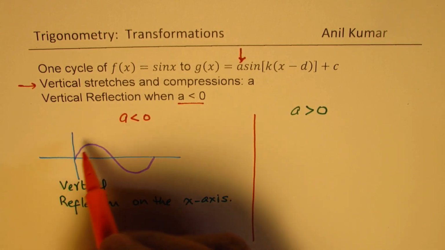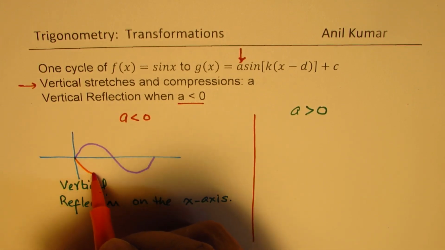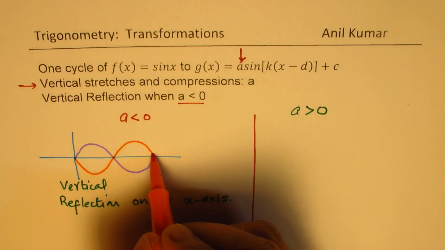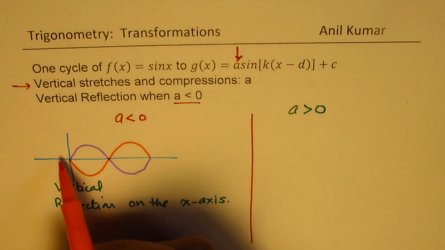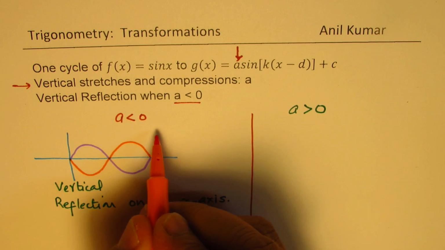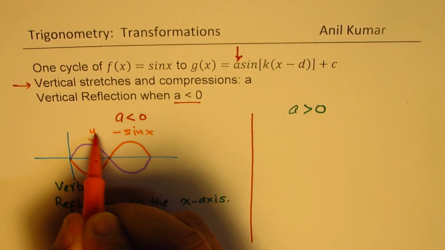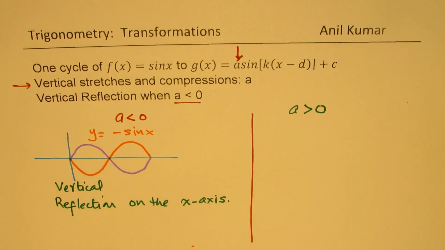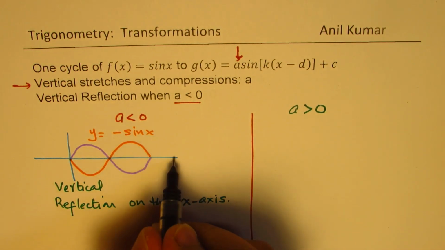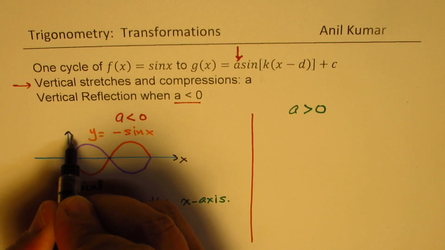So the graph of this function will be kind of like this. So the reflection will be for an equation like minus sine x, right? So if I have y equals to minus sine x, the graph will be reflected on the x-axis, right?